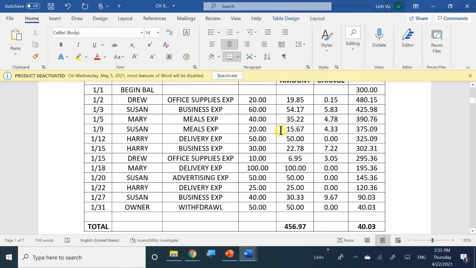Harry borrowed more money. Another business expense. Another business expense for how much? So we're at the 54.17 plus Harry's business expense now. Not 50, that was the delivery. It's 22.78.